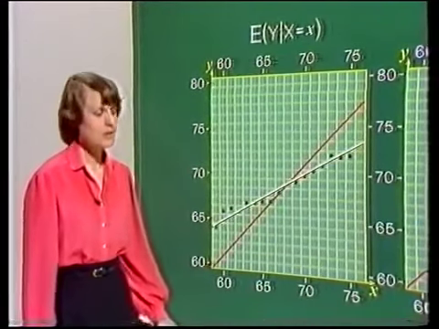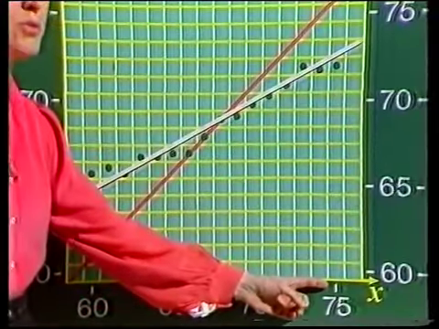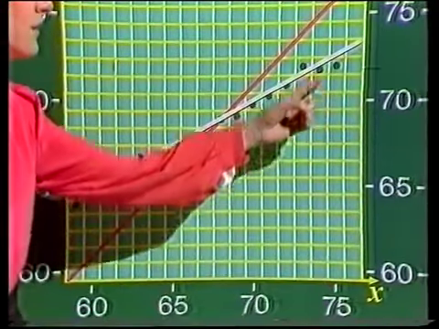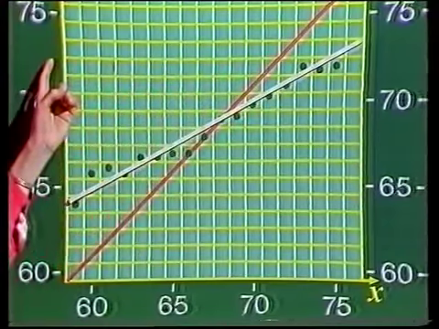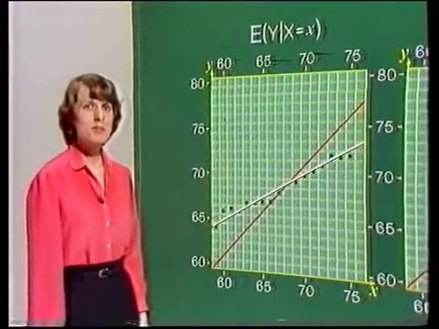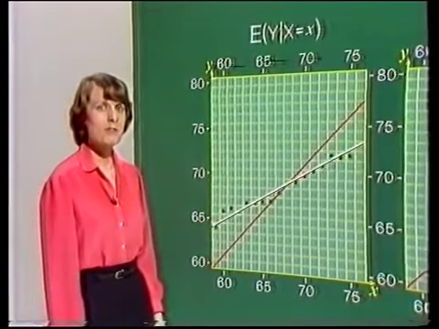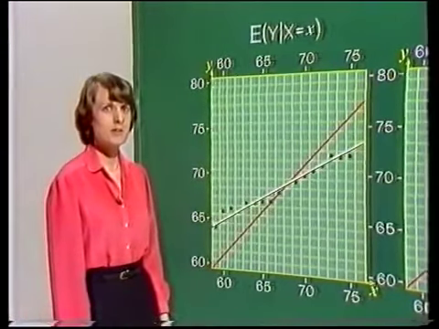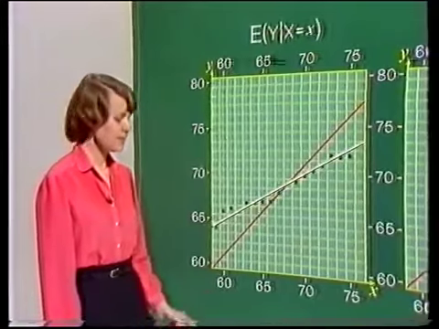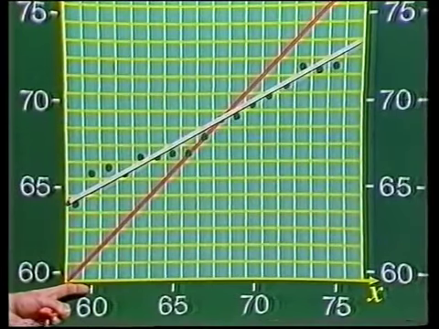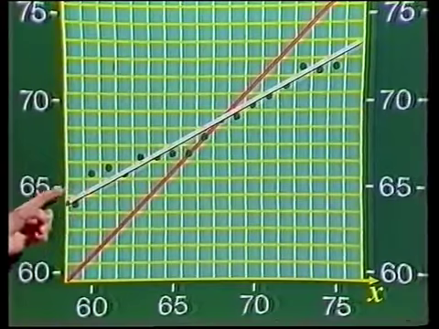For instance, for fathers 75 inches tall, the average height of their sons is 72.5 inches. The same sort of thing happens with short fathers. Their sons, on average, are not as short as themselves. For fathers 60 inches tall, the average height of their sons is about 65 inches.